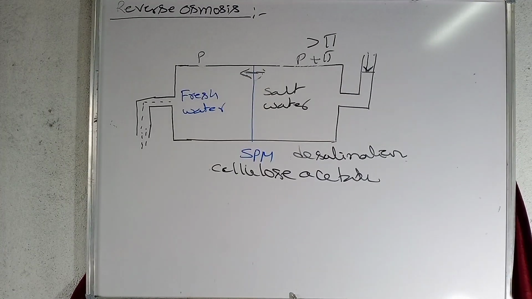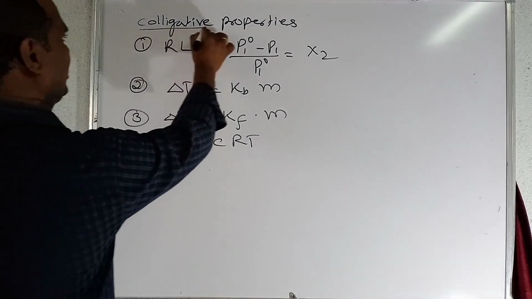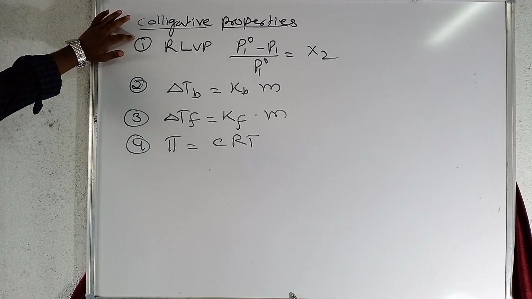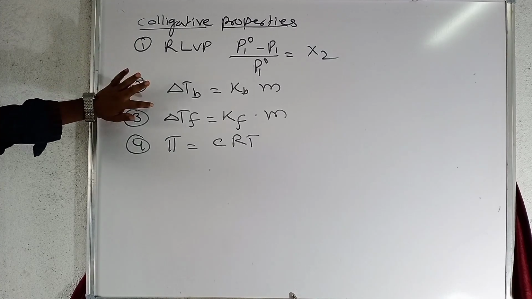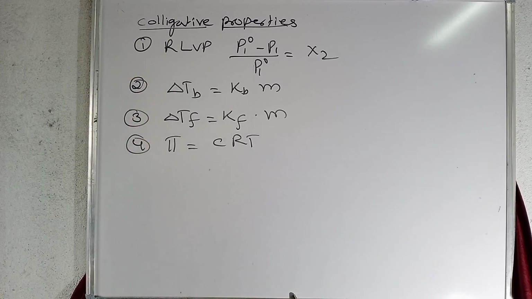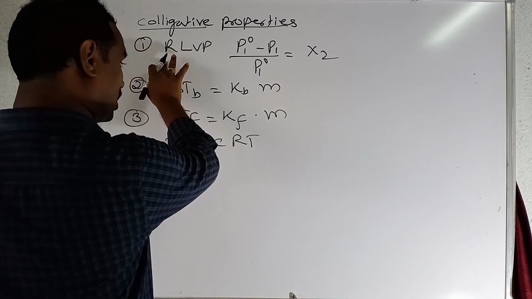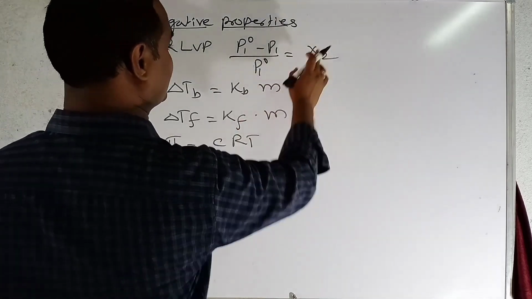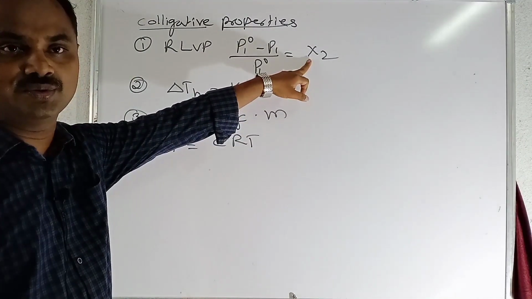Okay. Up to now we discussed some colligative properties: relative lowering of vapor pressure, elevation of boiling point, depression in freezing point, and osmotic pressure. According to Raoult's law, relative lowering of vapor pressure is equal to the mole fraction of solute.